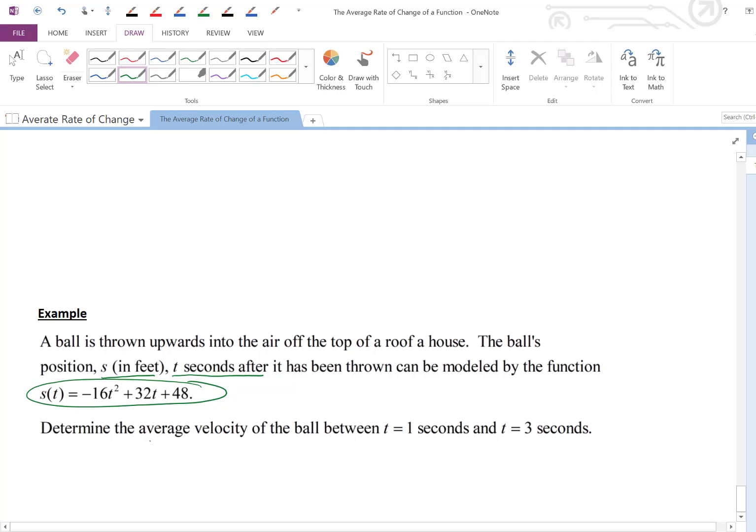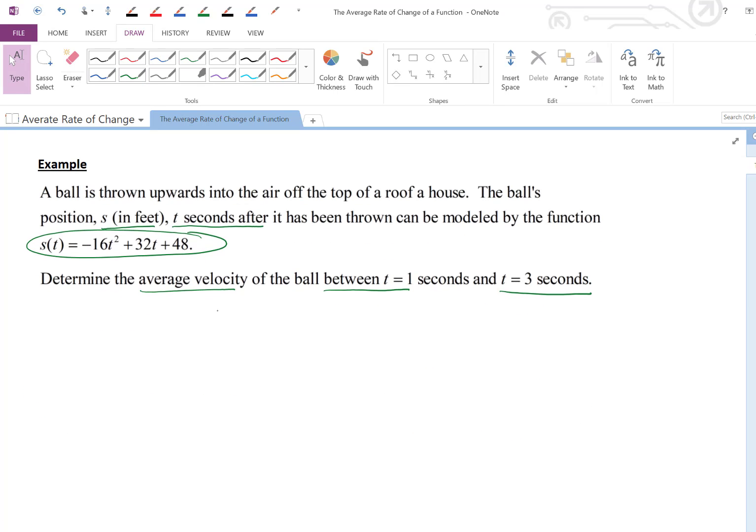What we want to do is find the average velocity of the ball between t equals 1 and t equals 3 seconds. So first of all, I just want to make sure you understand what this word velocity is. This is just speed with direction. So whether you're going upwards or downwards or to the left or to the right or any direction, the direction matters. And that's what we want to find, the average velocity over this time interval.